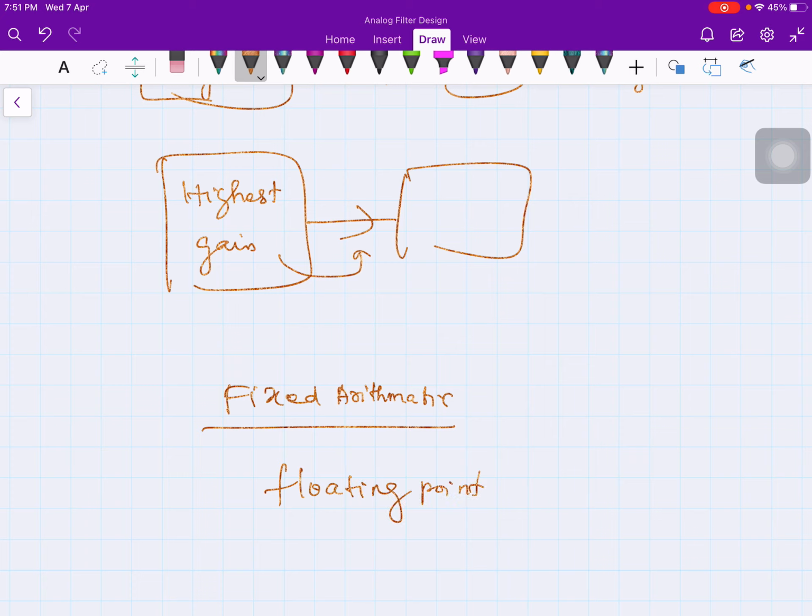If all your other structures are fixed point implementations, then you cannot suddenly switch to floating point, because you already designed with fixed point arithmetic. That is a costly proposition.